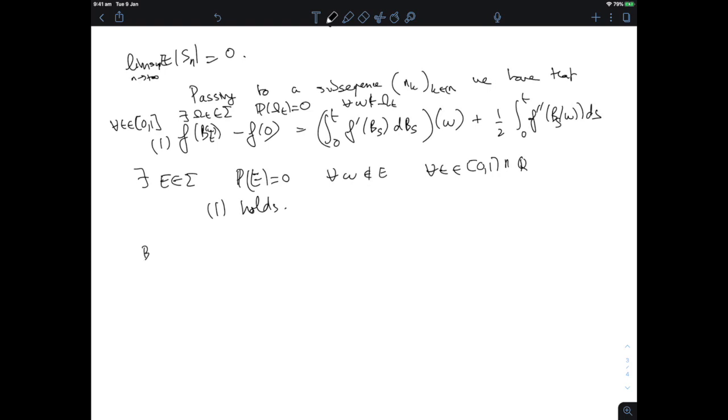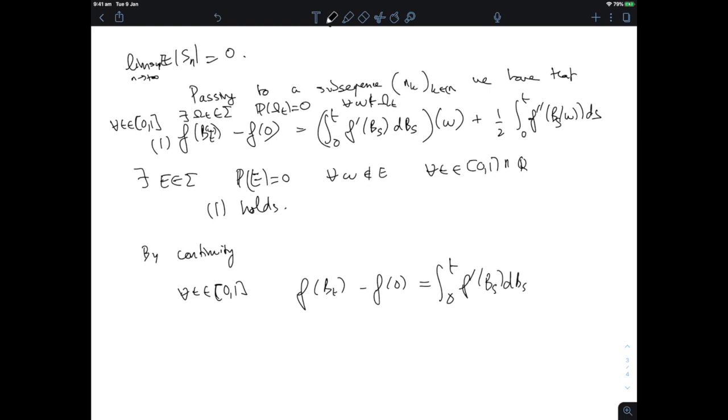And so by continuity, for every t in [0,1], f(B_t) minus f(0) is this integral almost surely, which is our Ito formula, but assuming that f is compactly supported.